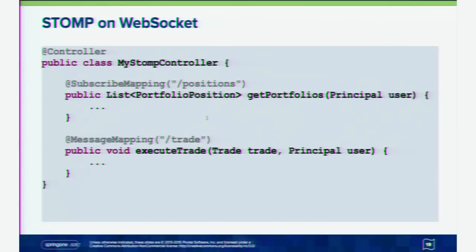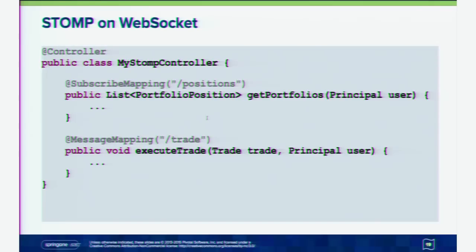We are using it against almost any endpoint model. For example, if you're processing STOMP messages coming in on a WebSocket channel, very similar model. Controller stereotype, two kinds of mapping annotations, message mappings and subscribe mappings against the STOMP protocol. An incoming message is going to be bound to the method that you associated those metadata with, and the methods may declare parameters that we are going to resolve for you by type.